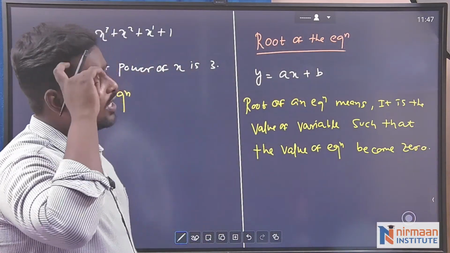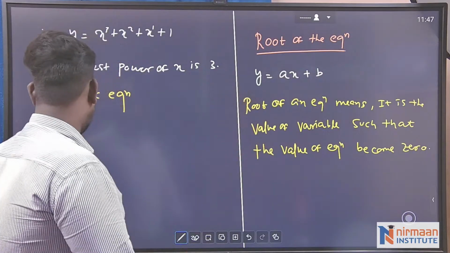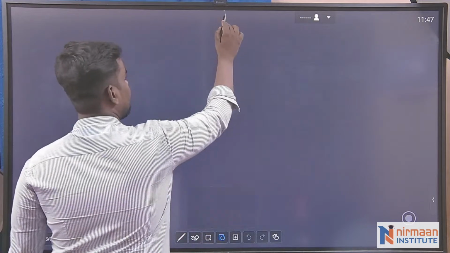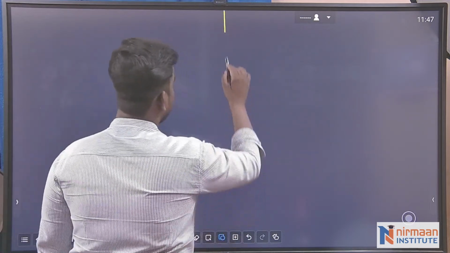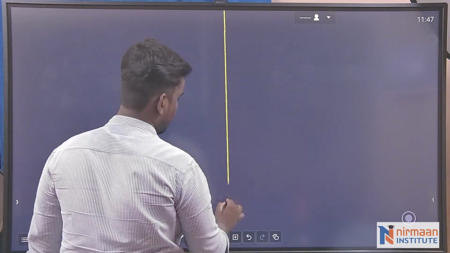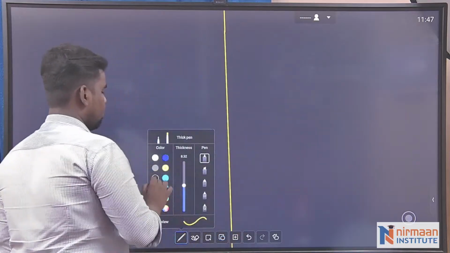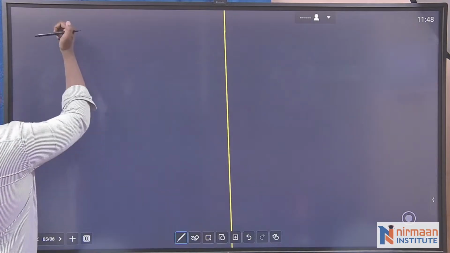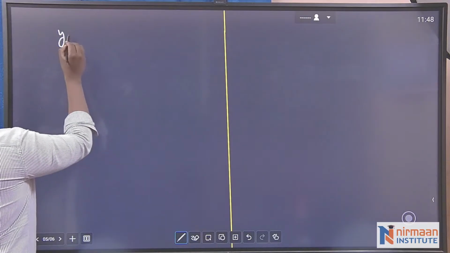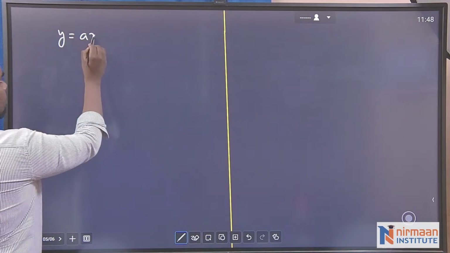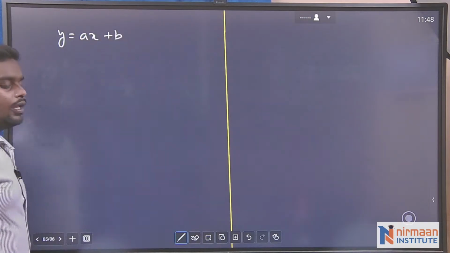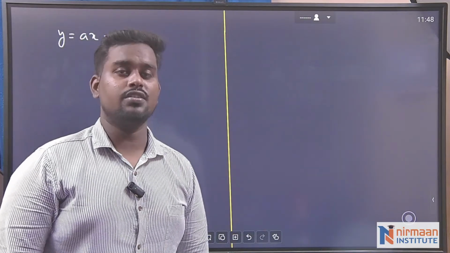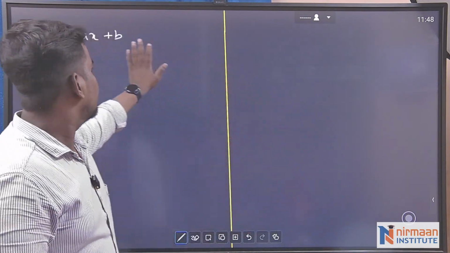And what is the value of the equation, y? Here, y equals ax plus b. What is the root's meaning? The value of x for which the equation's value is 0. Who is the variable here? x.